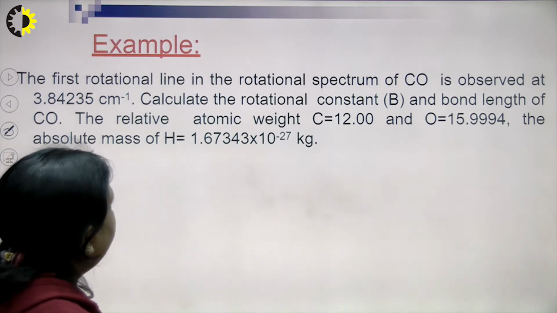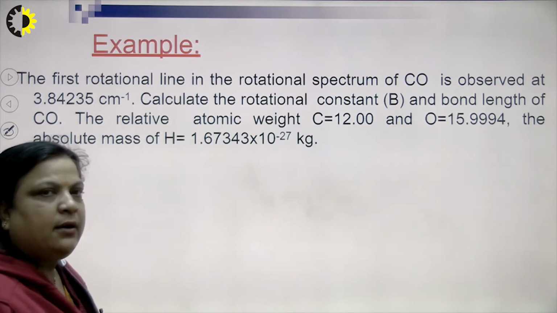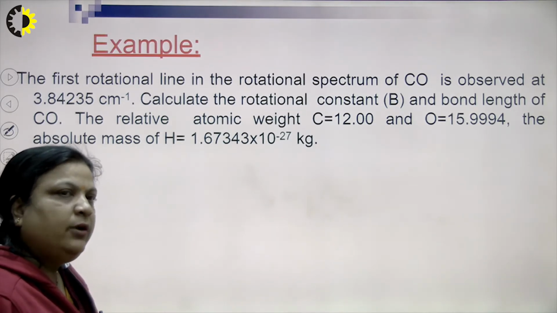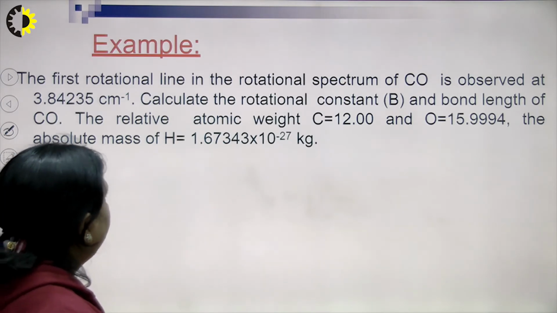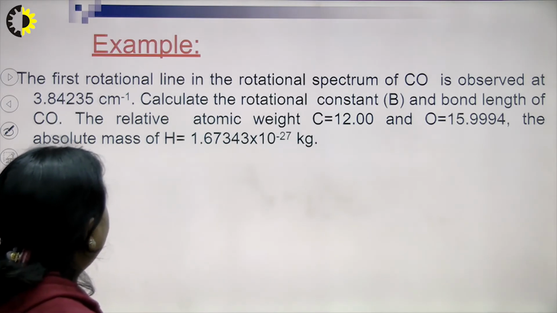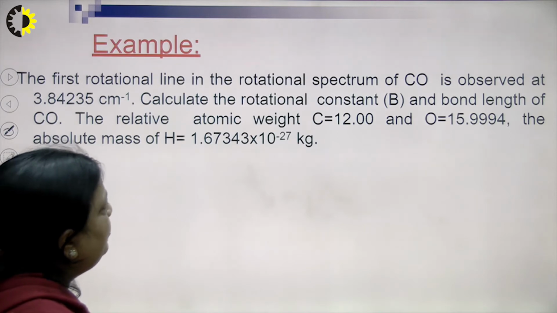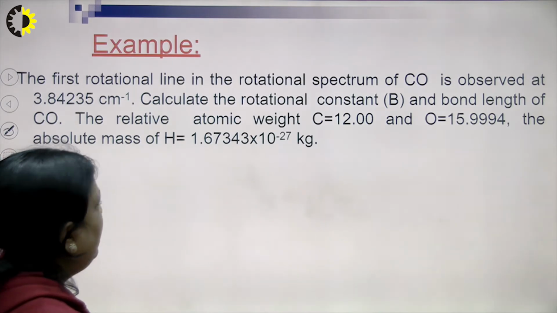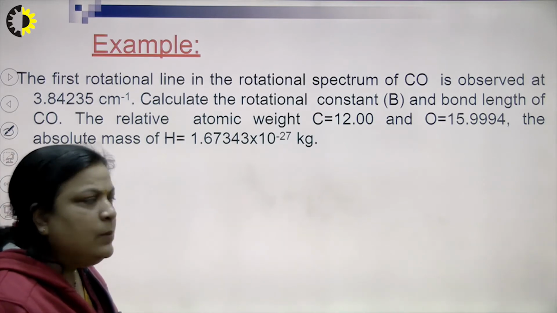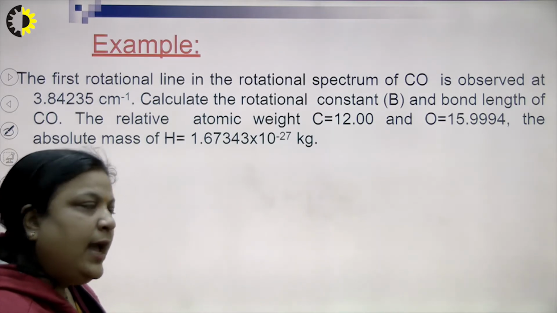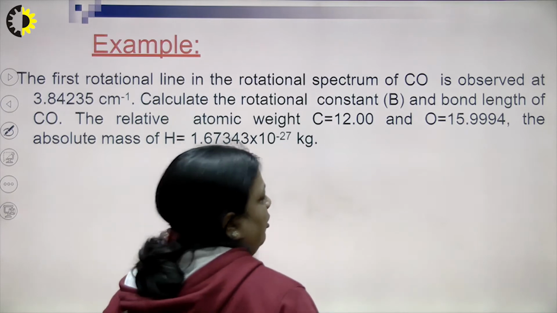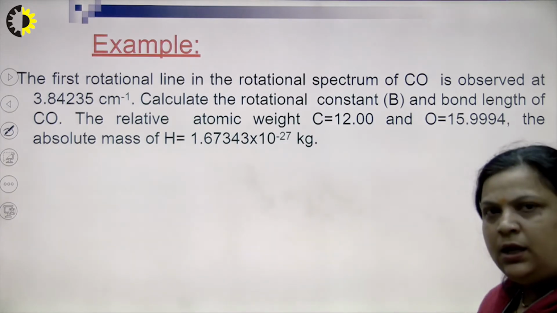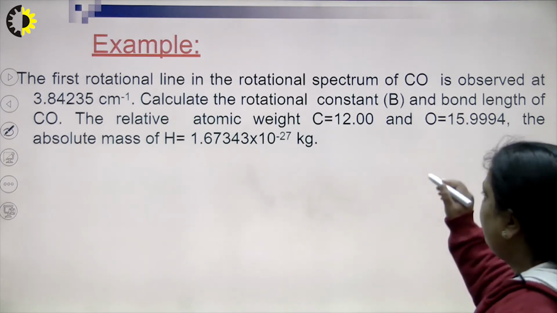The first rotational line in the rotational spectrum of CO is observed at 3.84235 centimeter inverse. Calculate the rotational constant and the bond length of CO. Bond length means R. And when we solve numericals of rotational spectroscopy, please remember these three formulas.